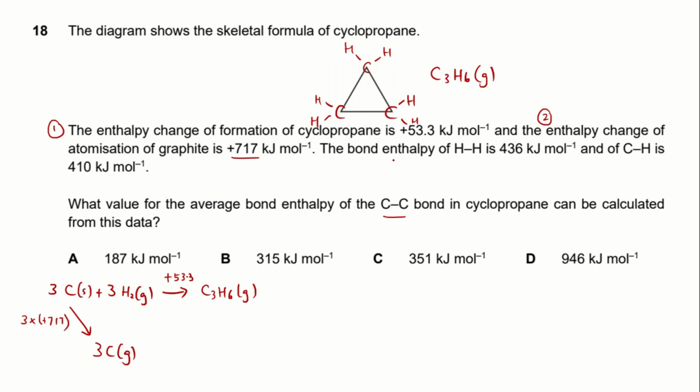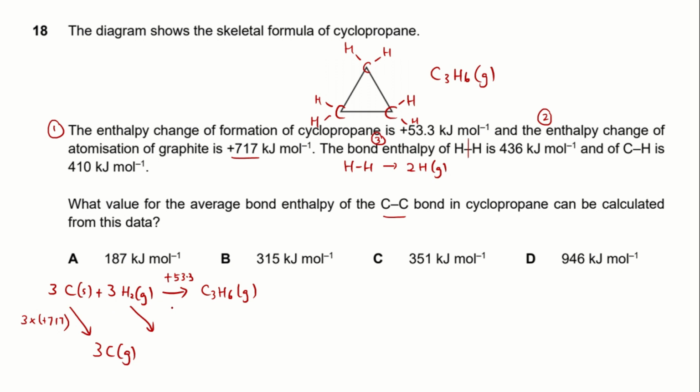The third information given to us is the bond enthalpy of the H-H bond. Bond enthalpy means breaking of a covalent bond. So this is for breaking of the covalent bond between the 2 hydrogen atoms, which will give us 2 gaseous hydrogen atoms. Here we have 3 moles of hydrogen molecules.